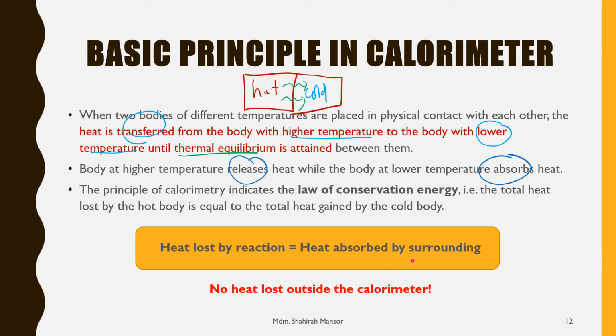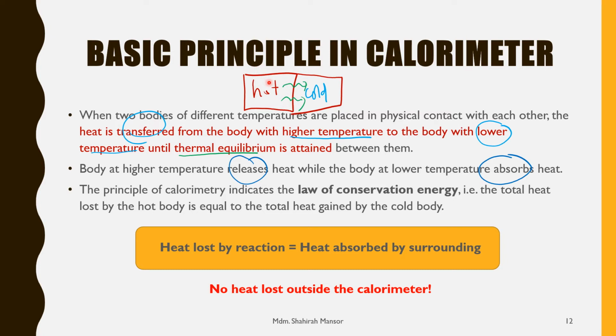Okay, so with the assumption there is no heat loss outside the calorimeter. So dalam calorimeter, apa yang akan berlaku adalah chemical reaction akan berlaku di dalam calorimeter. So the chemical reaction akan membebaskan energi. So energy yang dibebaskan tersebut, the same amount of energy released will be absorbed by the surrounding in the calorimeter.